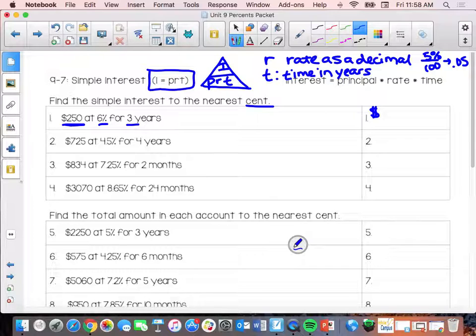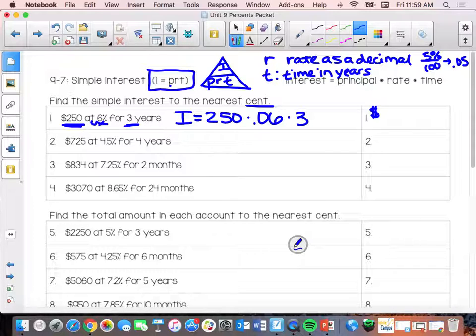And because it says that's the number that's at 6%, that means it's the principal, it's the P. So I do 250, that's the P, and now we need 6% as a decimal. So I need to do 6 divided by 100, or just move the decimal 2 places in my head. So 0.06. And then I multiply by the years. 3 is already in years, so I just write it as a 3. And that was my I equals PRT.